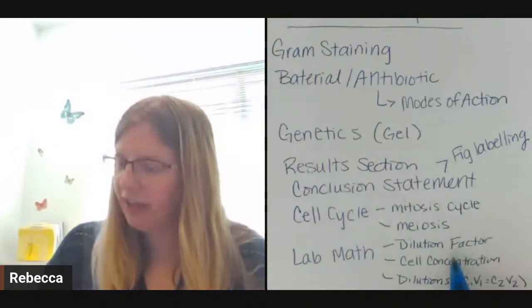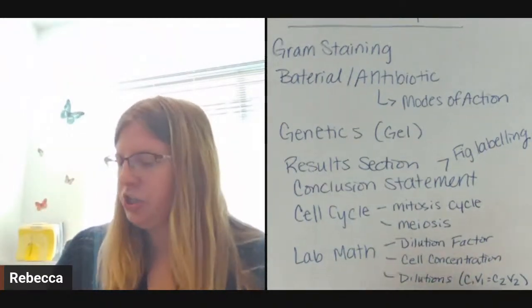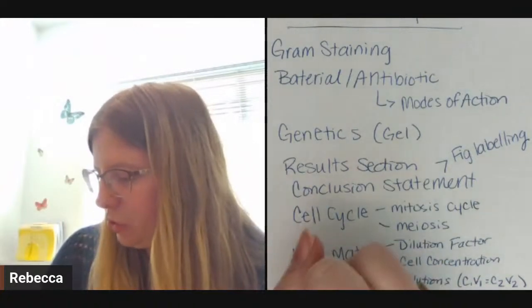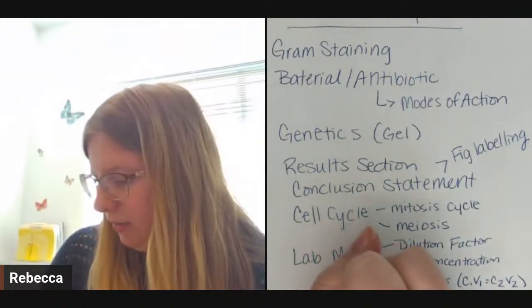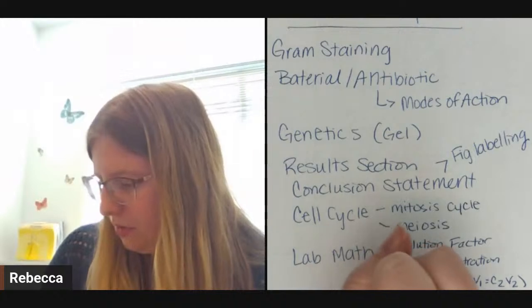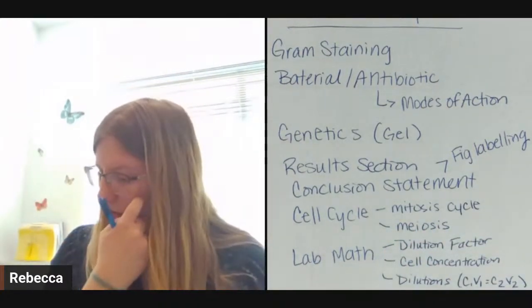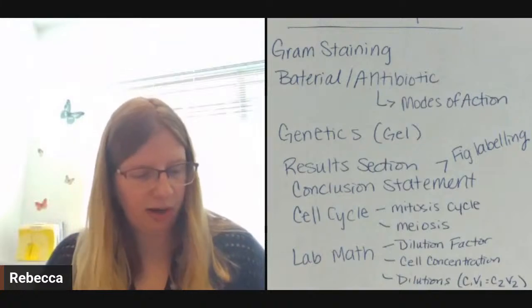And when we were looking at that dilution factor and cell concentration, that was the week that we used a laboratory tool called a hemocytometer. So you'll need to know how to use that for your lab practical.